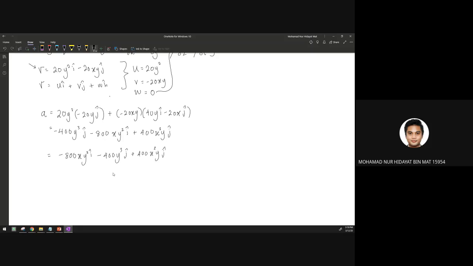You see j and j, 400 and 400, so you can factorize. You simply factorize: negative 800xy squared i, and then negative 400.